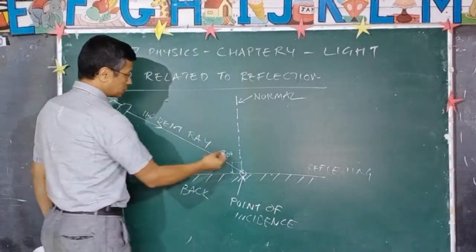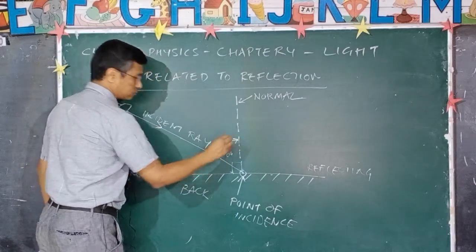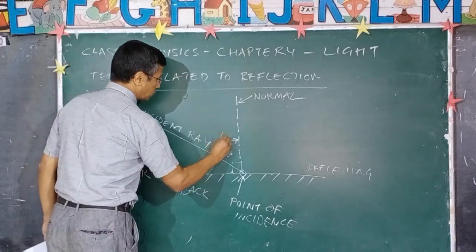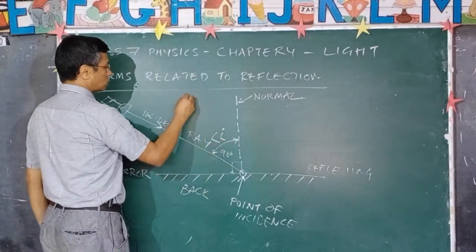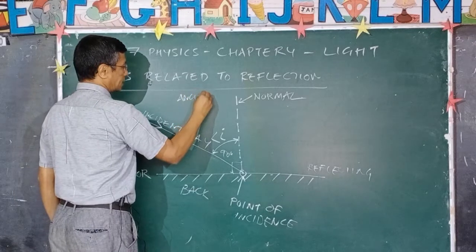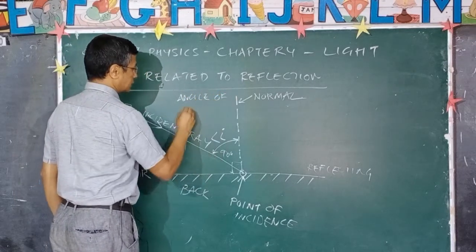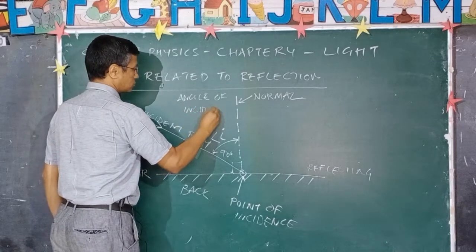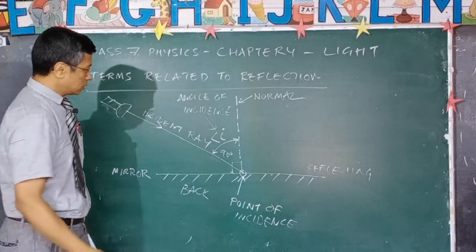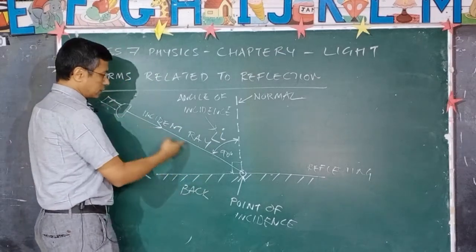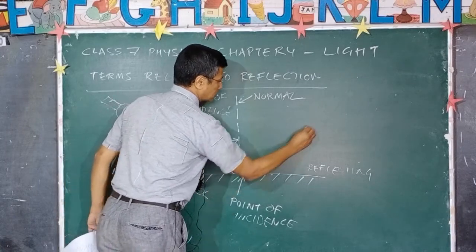Now, between the normal and the incident ray, an angle is formed. We will represent this angle using I, and this angle is called the angle of incidence. After this incident ray strikes the surface, it will bounce off the reflecting surface.